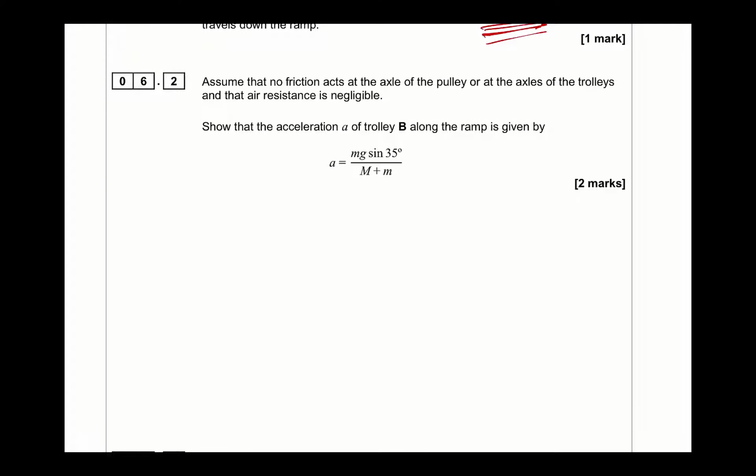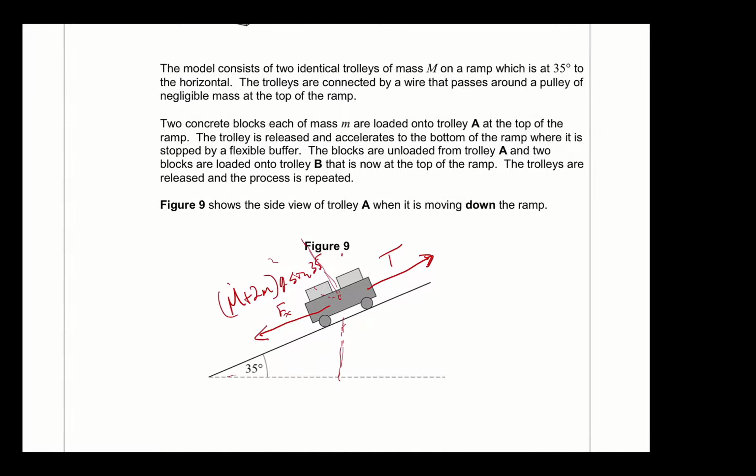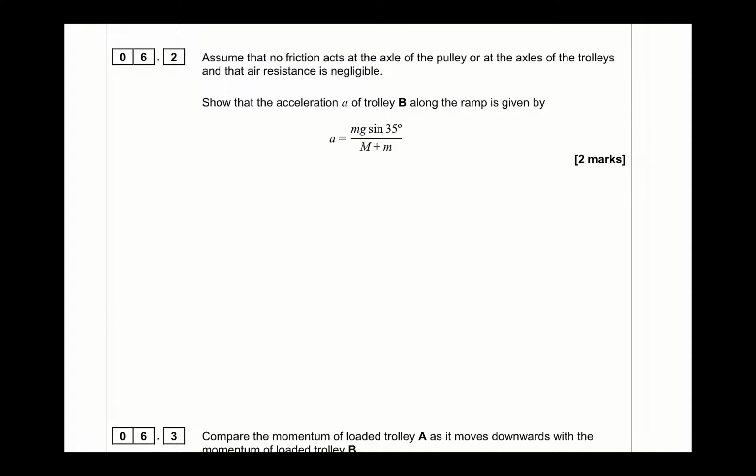So, assume that no friction acts on the axle of the pulley or the axle of the trolley, and air resistance is negligible. Show that the acceleration a of trolley B along the ramp is given by mg sine 35 divided by M plus m. Well, okay.